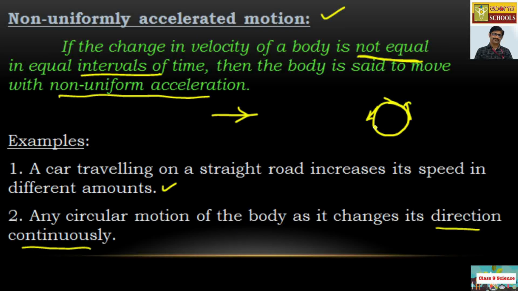For this the direction is like this, and so on. At each point of time, the object in circular motion changes its direction, and hence any circular motion of the body is taken as an example for non-uniformly accelerated motion. I hope you followed this concept as well.